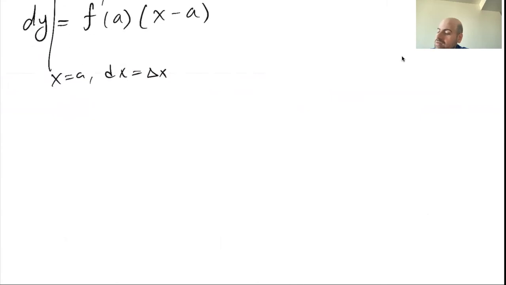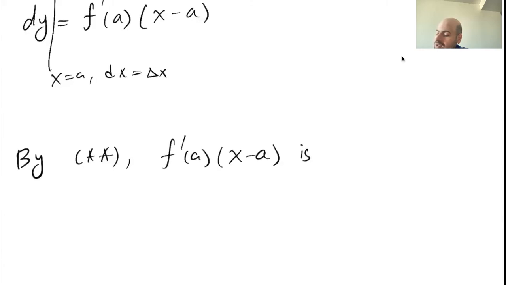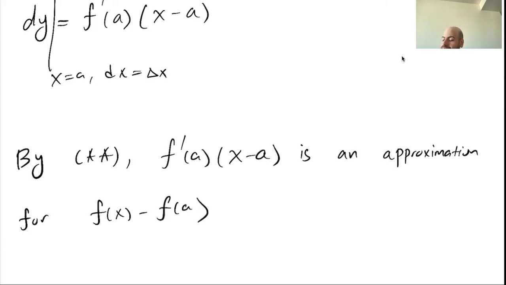So by 2 star, f prime of a times x minus a is an approximation for f of x minus f of a, i.e. delta y.